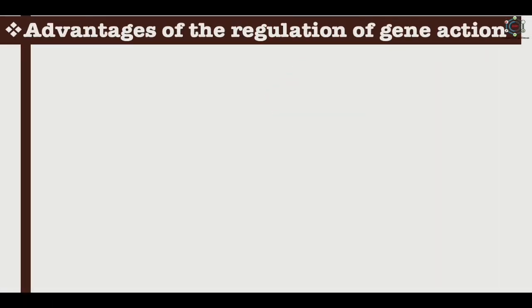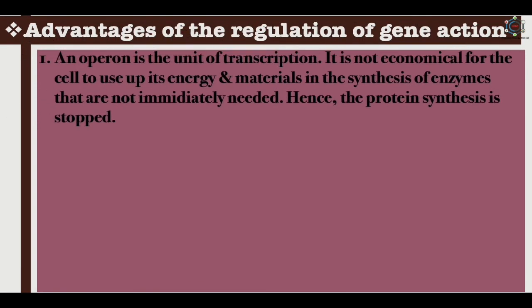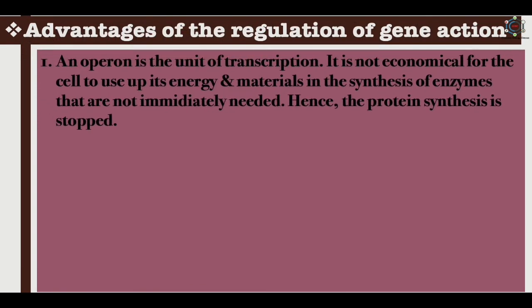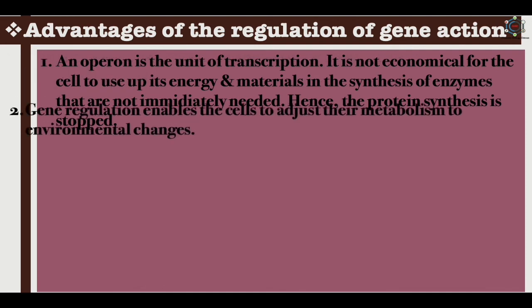Now, the advantages of the regulation of gene action. There are three main advantages of gene regulation. The first: an operon is a unit of transcription. It is not economical for the cell to use up its energy and materials in the synthesis of enzymes that are not immediately needed. Hence, protein synthesis is stopped.